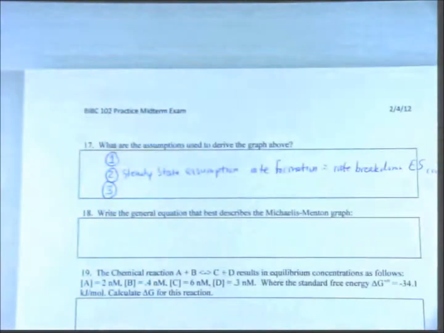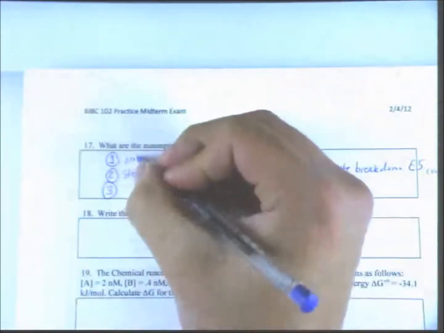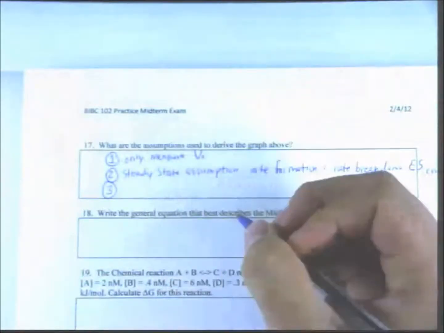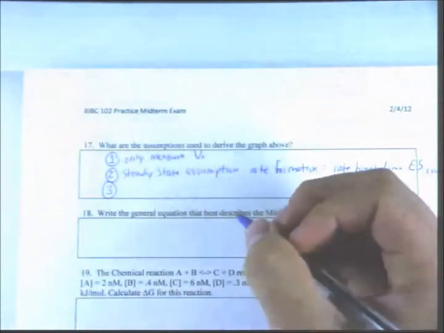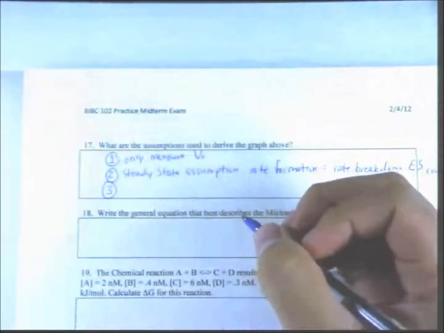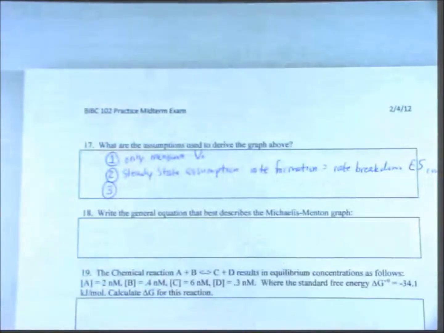All right. So what's the first assumption again? You're only measuring what? Initial velocity. What it's trying to say there is that you're not measuring velocity throughout because velocity may change during the process of the reaction. You're only measuring when you initially bind the substrate what the reaction velocity is.